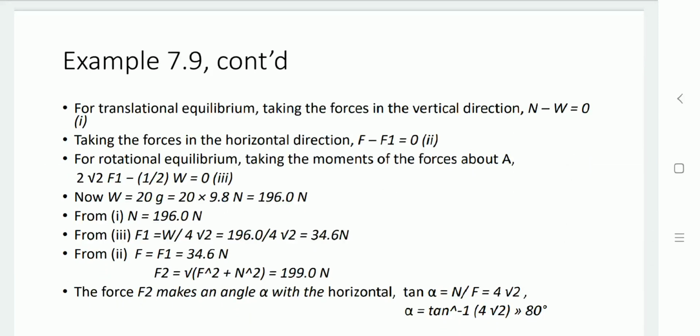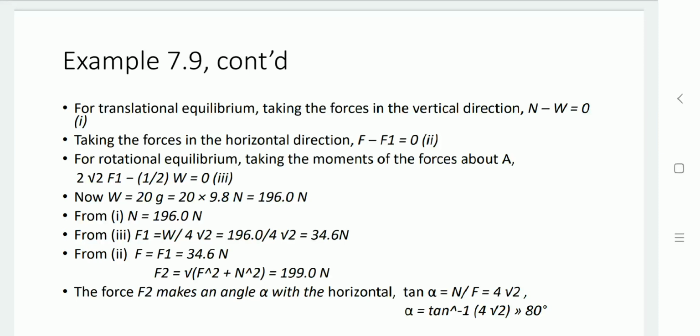So N is 196 Newton from equation 1. Now from equation 3, we get F1 equal to W by 4√2. Substituting the value of W, we get F1 equal to 34.6 Newton. And F equals F1 from equation 2, so F is also 34.6 Newton.